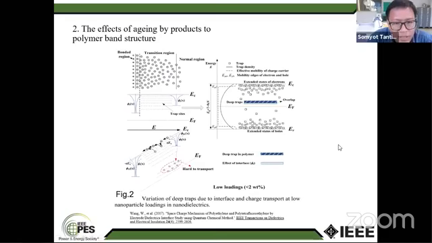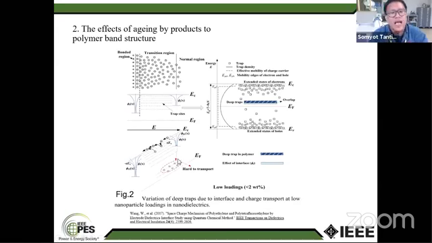So this figure 2 shows how the charge is transported inside the polymer insulation. You can see in the left corner when the electron is injected into the insulation system, it could be trapped in a shallow trap here, and then it could hop to the conduction band, participate in the conduction process, and then it could be trapped in the deep traps that are hard to transport from.